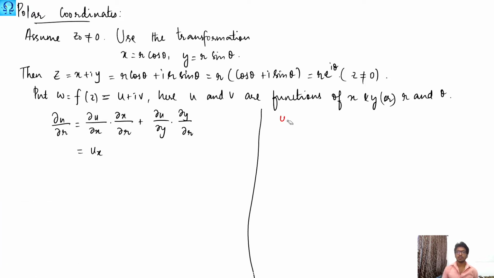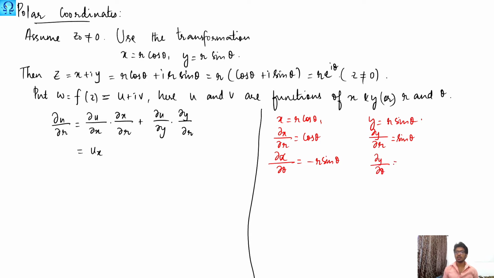We have x equals r cosine theta and y equals r sine theta. So del x upon del r is simply cosine theta, and del x upon del theta is minus r sine theta, and here del y upon del r is sine theta, and del y upon del theta is r cosine theta.